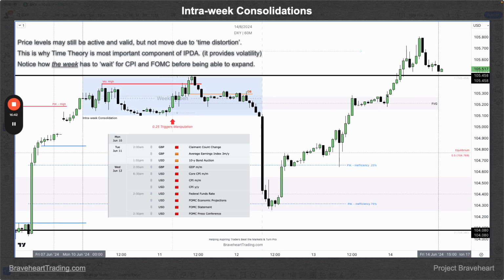So a little bit more into the consolidation. Price levels may still be active and valid, but not move due to time distortion. So what do I mean by this?